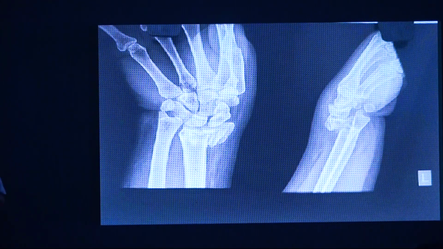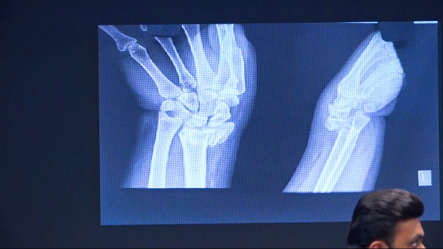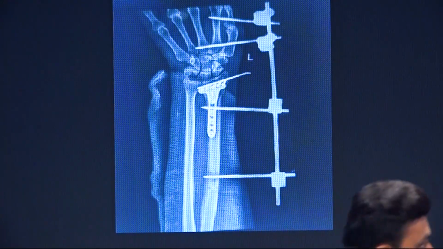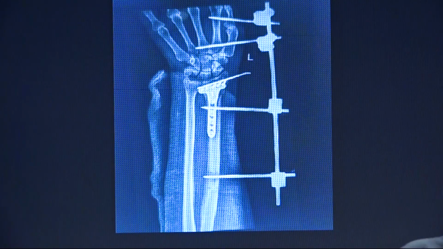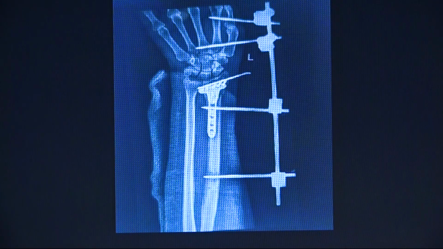He fell down from a height, but he is very poor, so we did not take a CT for this. Is there a reduction X-ray? Closed reduction X-ray? No, we did it like this. We could arrange some implants from our own side, and we did it like this. But unfortunately, CT is not there.